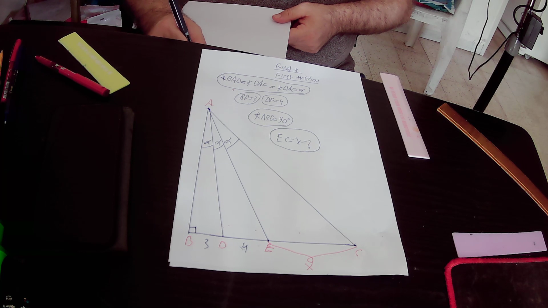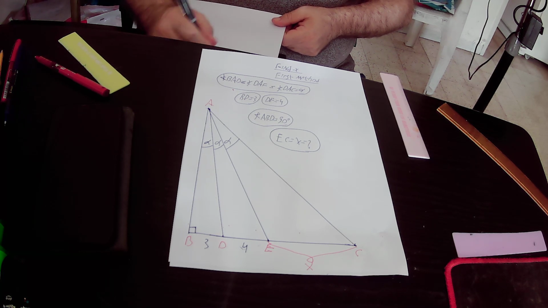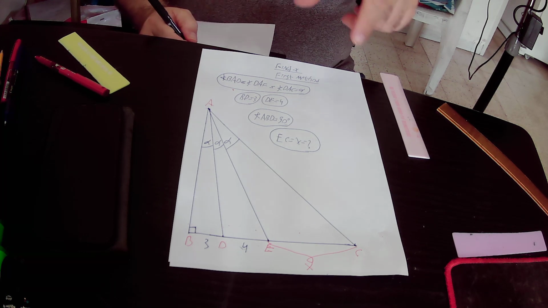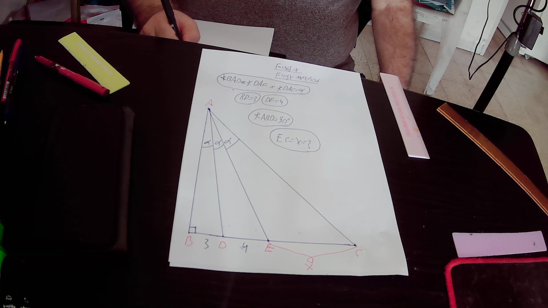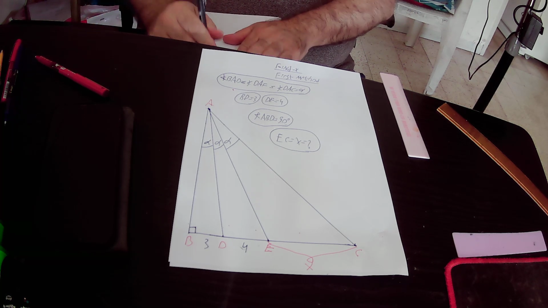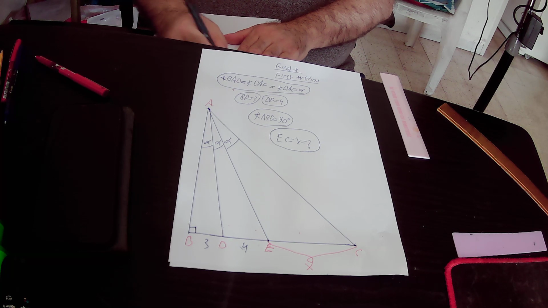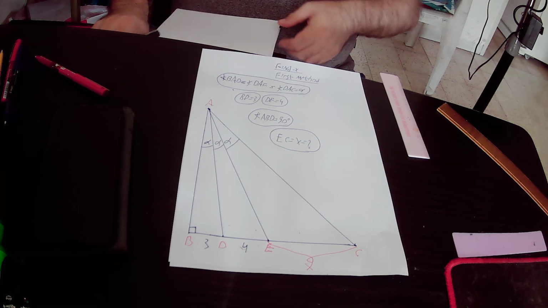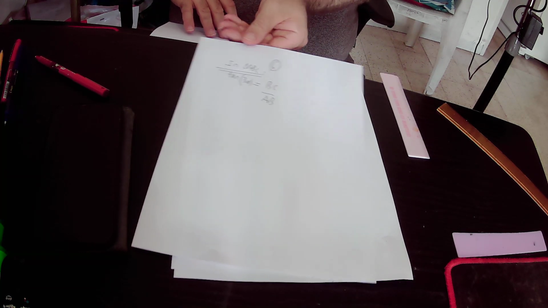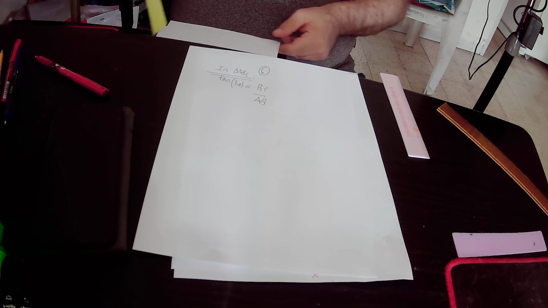On the right triangle ABC, we know that tangent 3 alpha equals BC over AB.